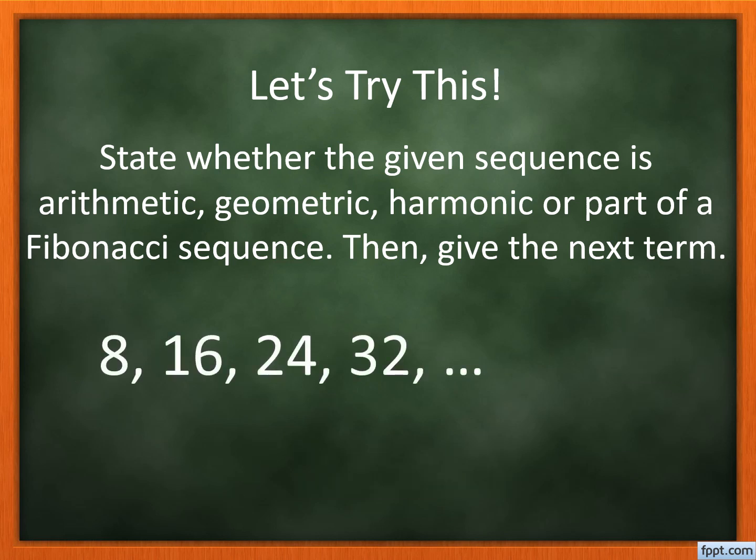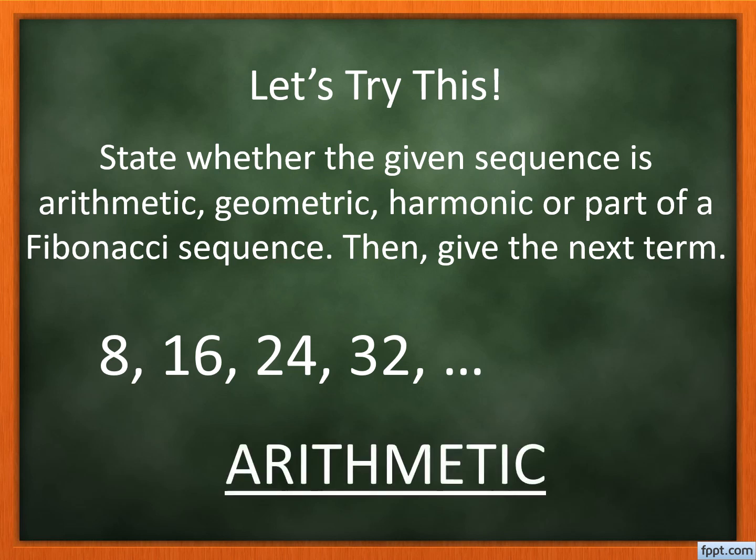What about 8, 16, 24, 32, and so on? This one is an example of arithmetic sequence. And the common difference is 8. That's why the next term is 40.